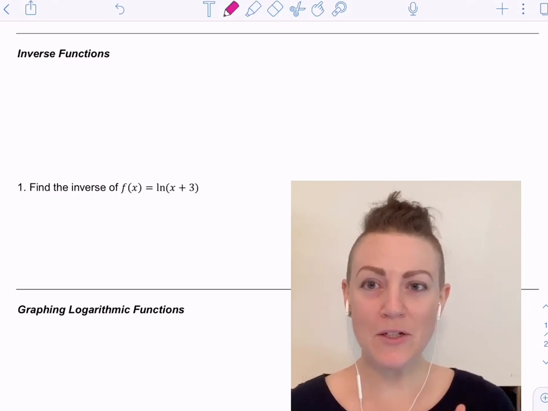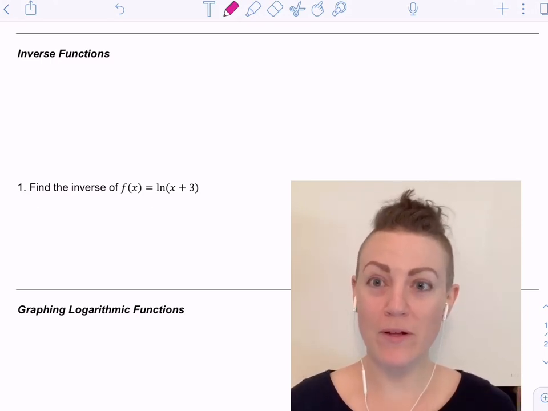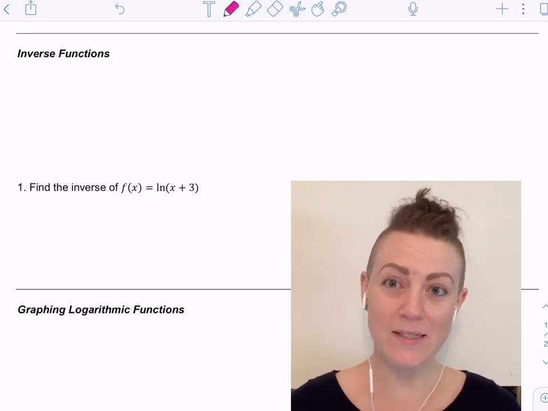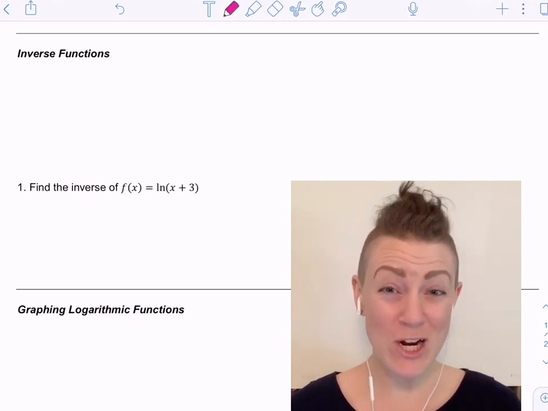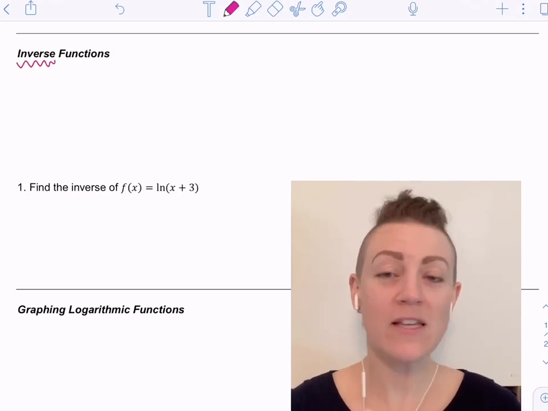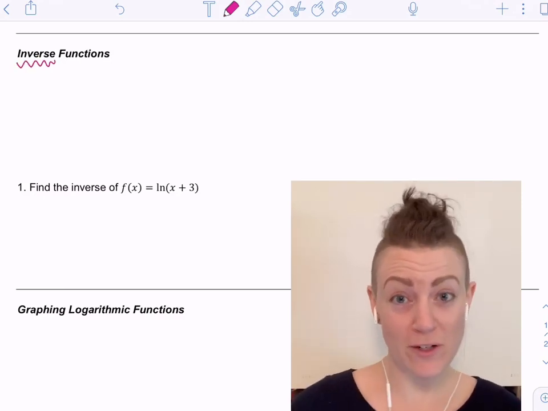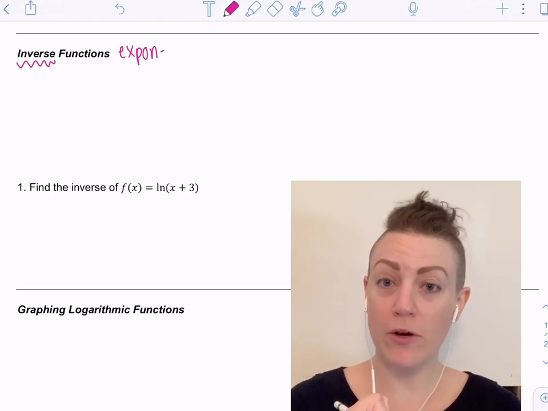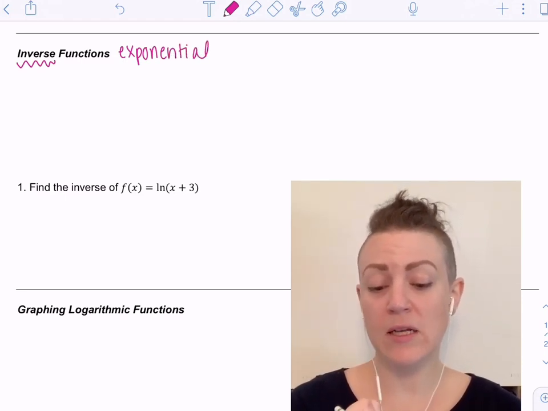As we continue our discussion of logarithms, how they work, and logarithmic functions, today we're going to be discussing them specifically in their context as the inverse of exponential functions. So remember we talked yesterday about the fact that both exponential and logarithmic functions relate three things.